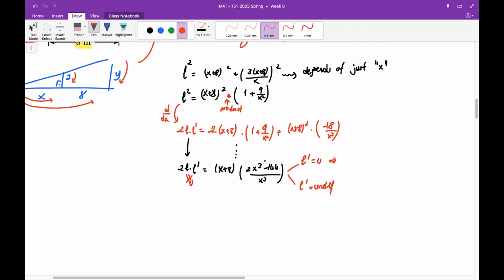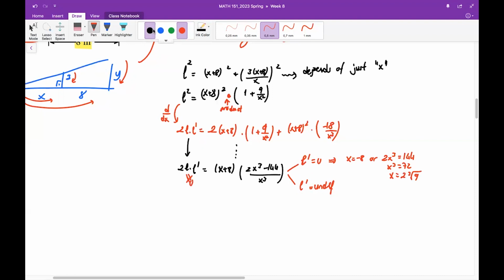Right-hand side becomes 0 if x equals minus 8 or, from here, if 2x cubed is 144, which means x cubed is 72 and x is then 2 times cube root of 9.